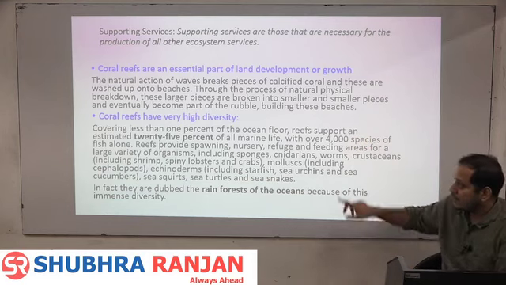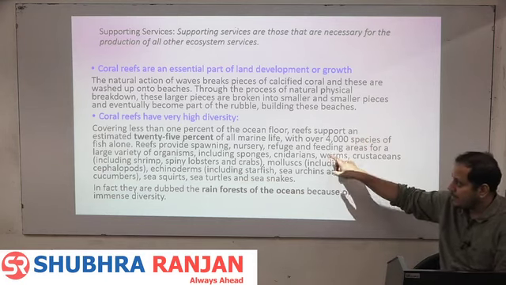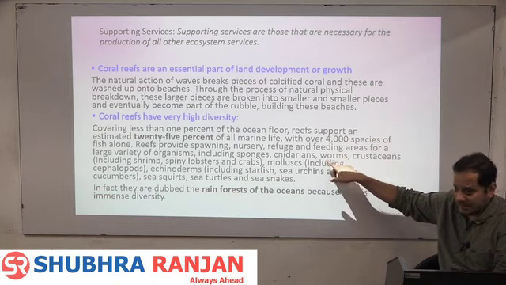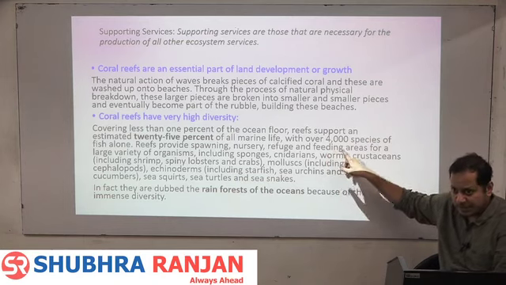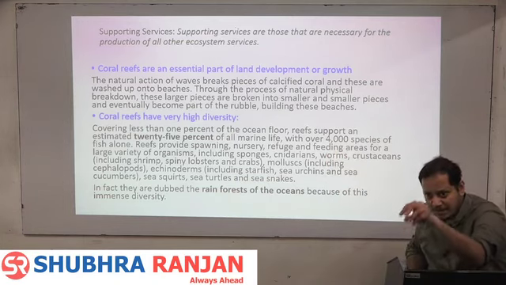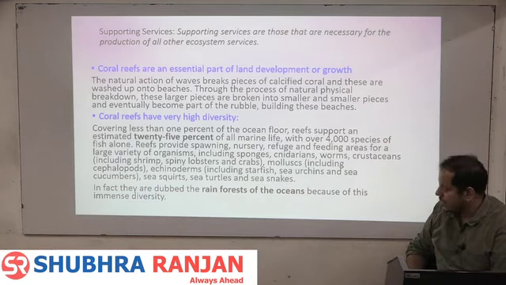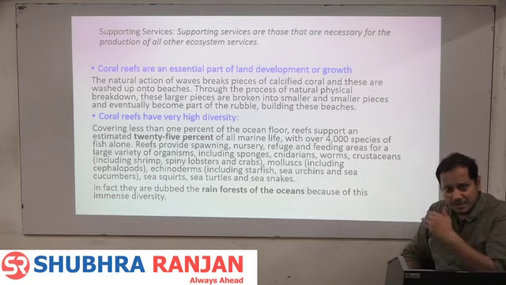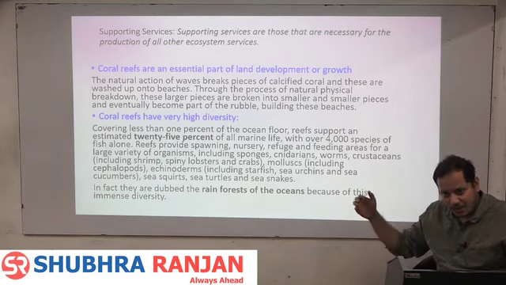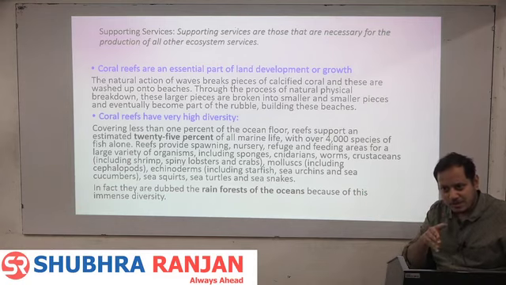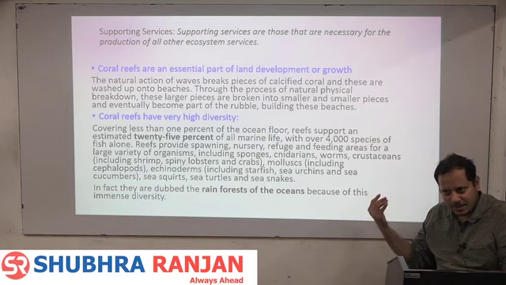Reefs provide spawning ground, nursery, refuge and feeding. Spawning means for laying eggs, nursery for when they are small tadpoles, refuge whenever there is any kind of natural disaster, cyclones, tsunamis, all these animals will come and stay in the coral, so they are safe.